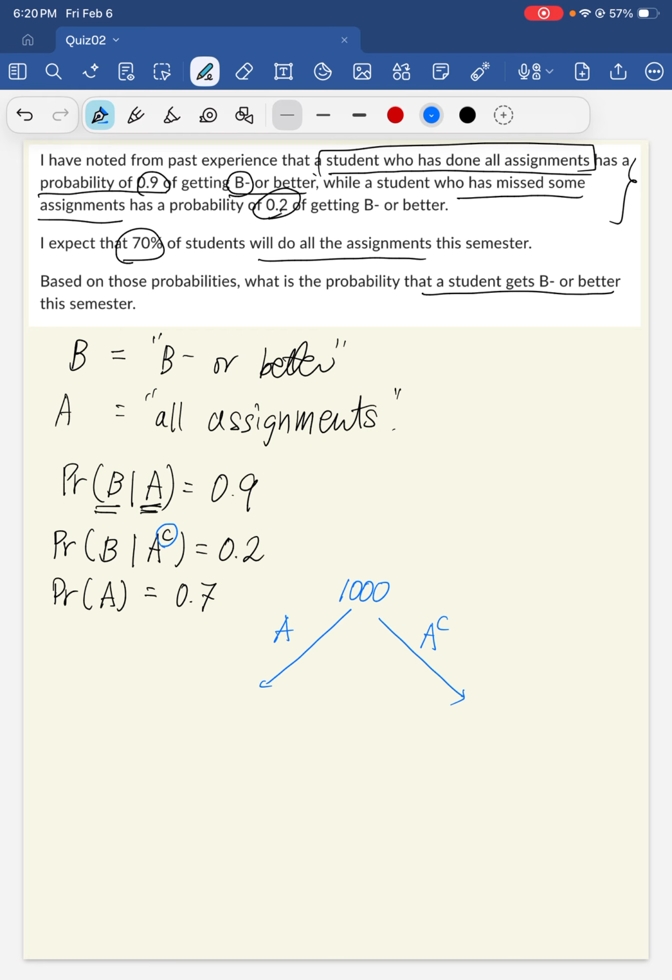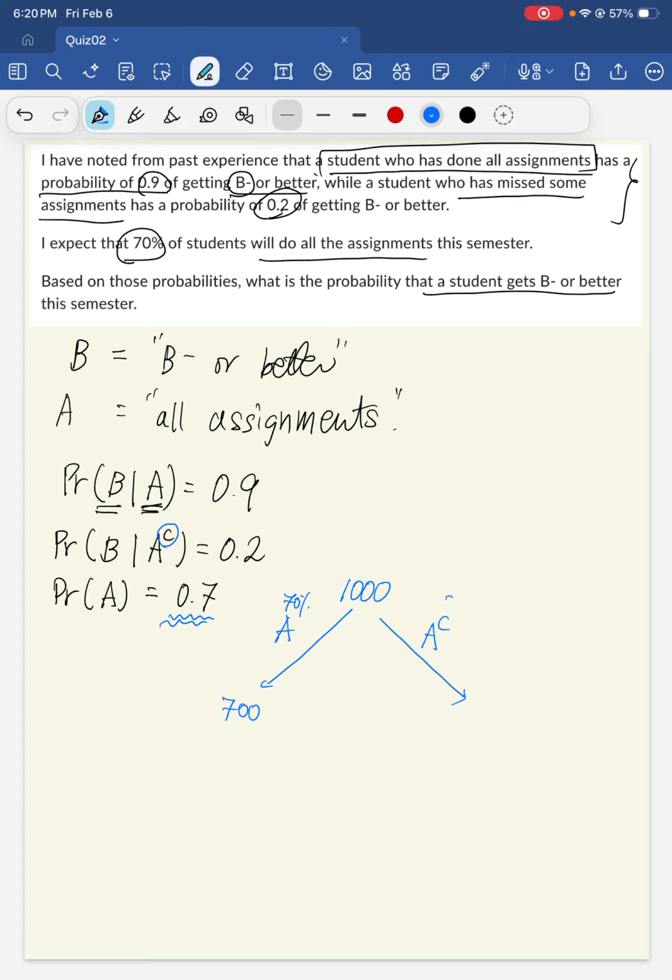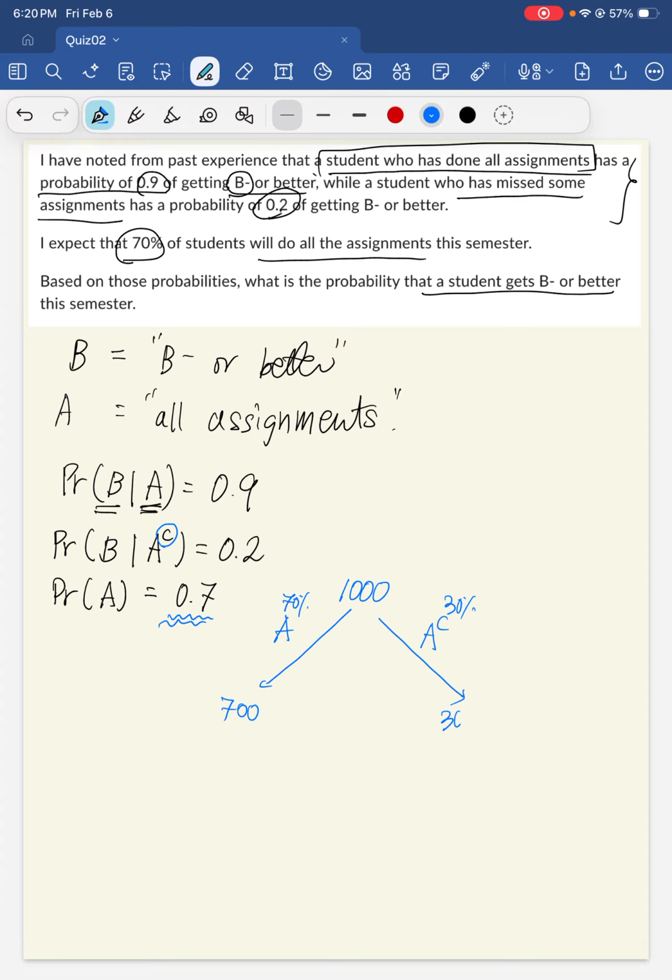Using the unconditional probability first, 70% finish all the assignments, but the other 30% do not finish, so they miss some assignments, okay? And then I am going to split the first group into those who get B minus or better, and let me simply write it as B or better, and those who get C plus or lower.